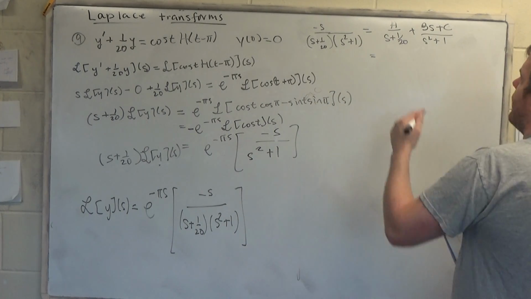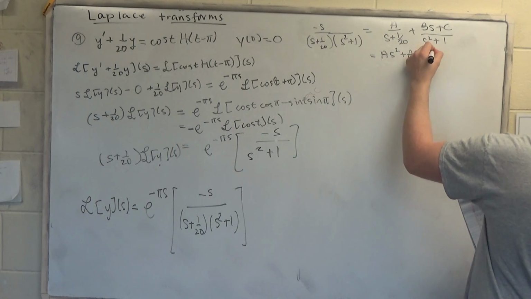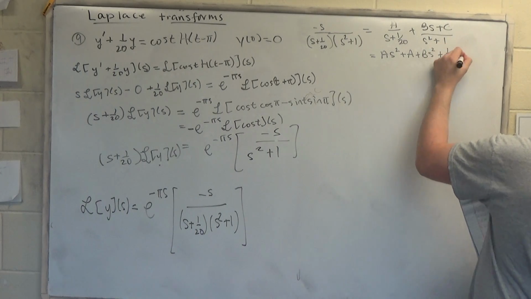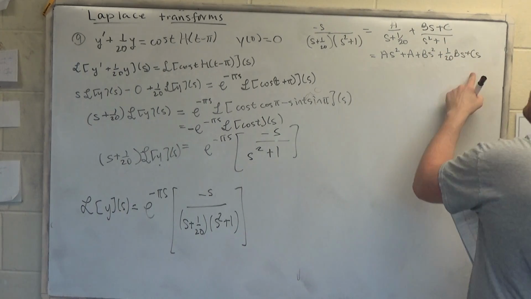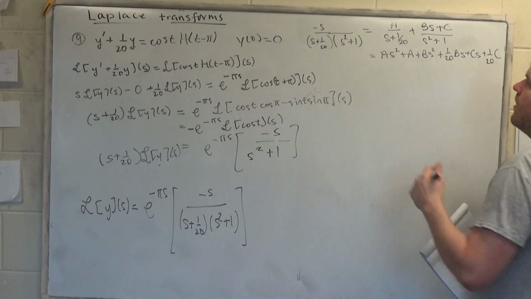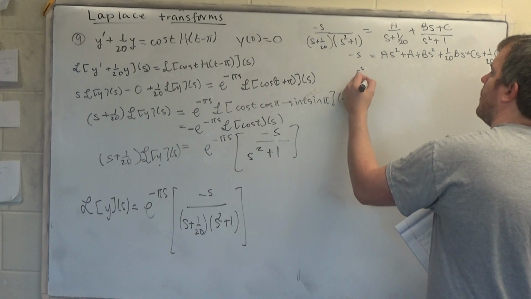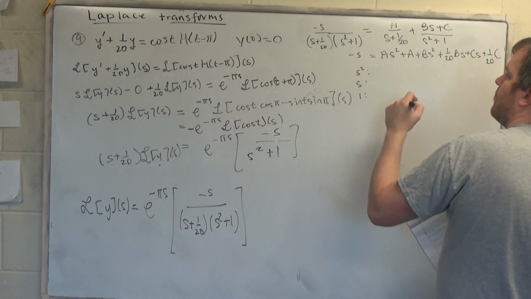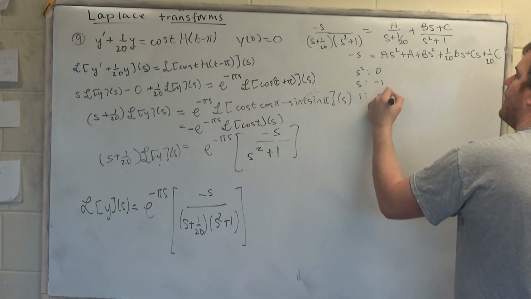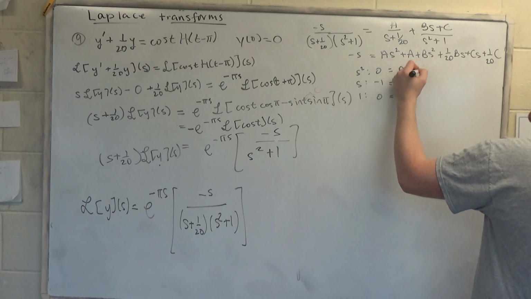And when we multiply this out, we get as squared plus a plus bs squared plus 1/20th bs plus cs plus 1/20th c. And so, as usual, by equating coefficients, we get our system of equations.